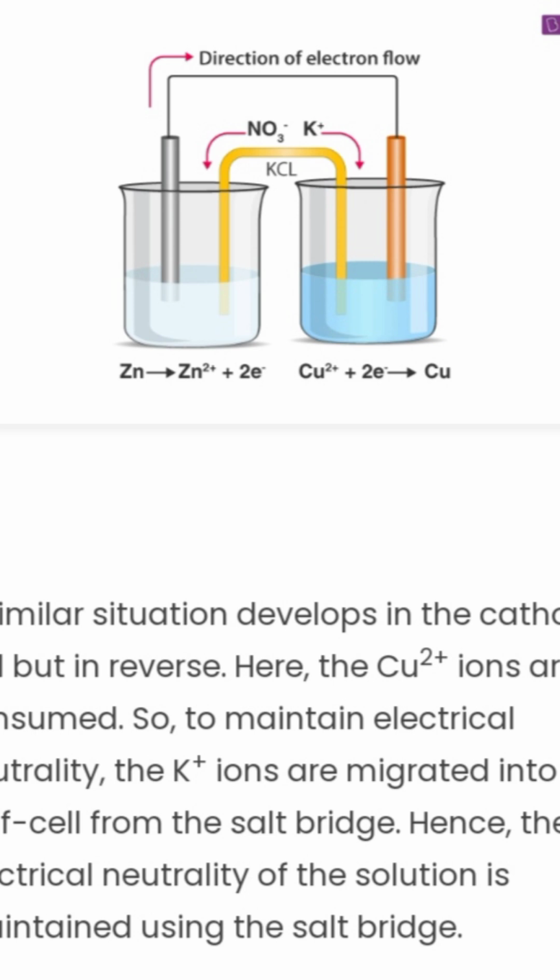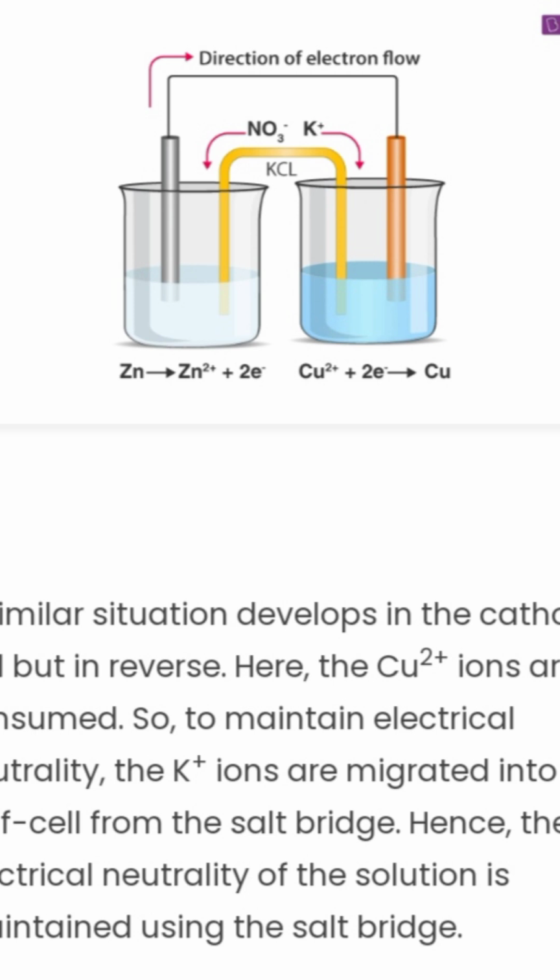A similar situation develops in the cathode cell but in reverse. Here the Cu2+ ions are consumed, so to maintain electrical neutrality, K+ ions migrate into this half cell from the salt bridge. Hence the electrical neutrality of the solution is maintained using the salt bridge.